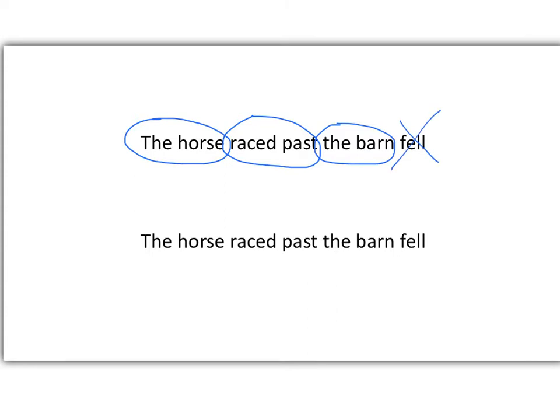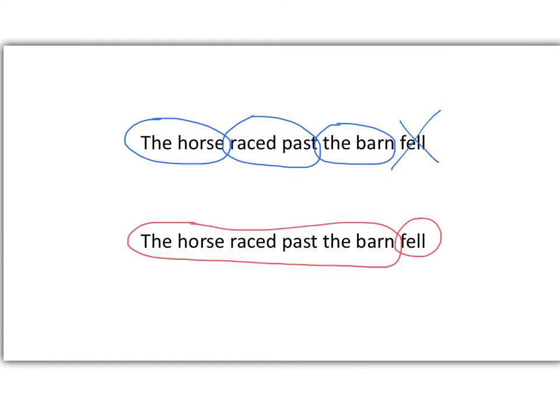However, the way you can parse that sentence is like this. The horse raced past the barn, fell. So what's going on here is a horse is falling over. Which horse is falling over? That horse there, the horse that happened to race past the barn just a moment ago, fell.